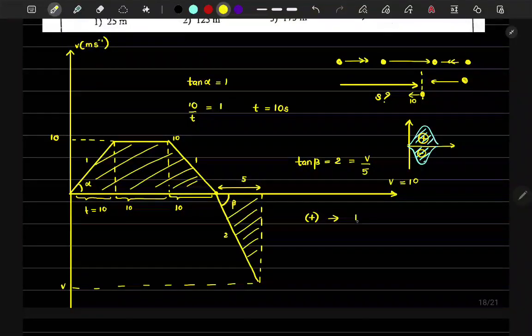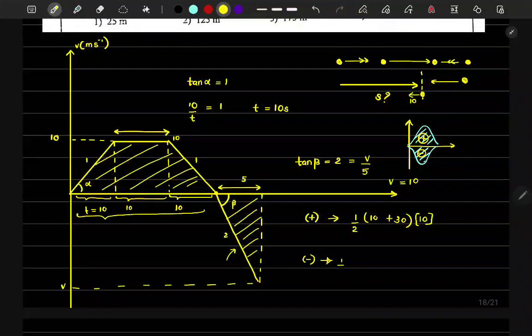So the positive area is half, there is a trapezium here now, half into 10, this 10 plus the 30 below into the height, which is also 10, and the negative area, which is this triangle.